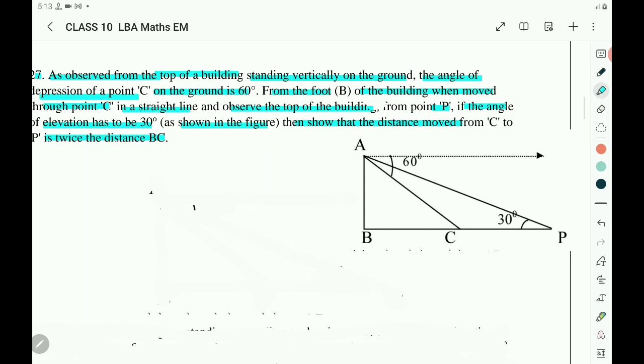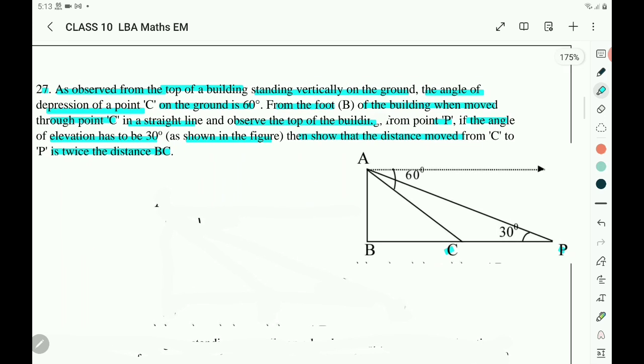Here P is a point on the ground, C is also a point on the ground, and the angle of depression of the point C from the top of the building is how much? 60 degree. Here this is a horizontal level and this is the line of sight.